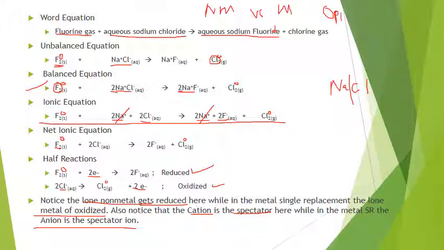Okay, so for the nonmetals, the lone nonmetal gets reduced, while in the metal the lone metal gets oxidized. The spectator in the nonmetal is the cation, and in the metal it is the anion. Now, I don't know if you remember it and don't have to look at it. Remember, don't memorize, just notice it's a pattern and it may help you with it.